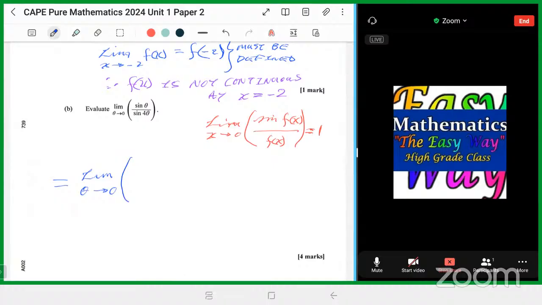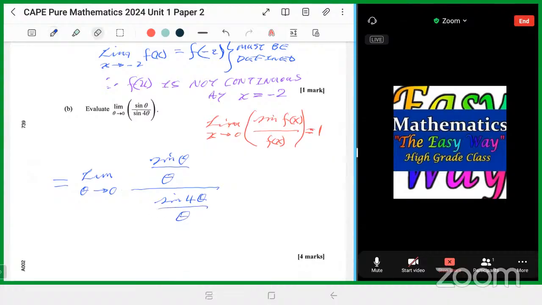It's going to be equal to, in a bracket, I'm going to divide the numerator by theta and divide the denominator by theta. It's going to become sine of theta over theta over, and then this becomes sine of 4 theta over theta.